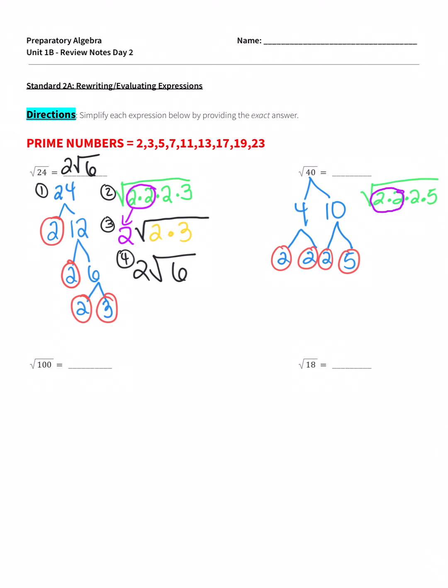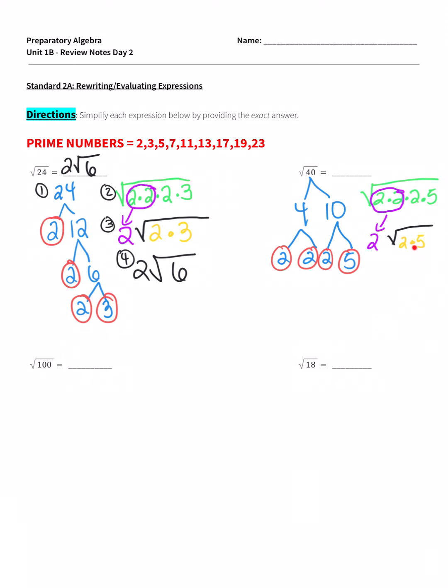Because I have a pair, after I find my pair, then that goes on the outside of the square root symbol. So I have a new square root symbol, and I need to put my 2 here because I have a pair of 2s. If I have a pair of 2s on the inside, that equals 1 on the outside. And then I'm left with 2 times 5.